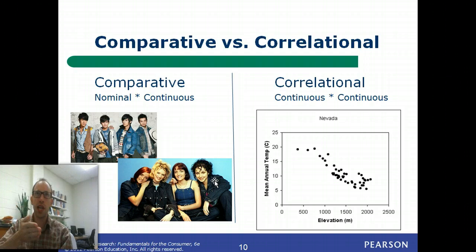So that gender, that guy or girl, would be our independent variable, and it would be a nominal variable or categorical variable. Versus if we're looking at elevation and mean annual temperature in Nevada, here we're looking at two different continuous variables. Elevation could take on any of these values in between 0 and 2500. Mean annual temperature could take on any of these values.